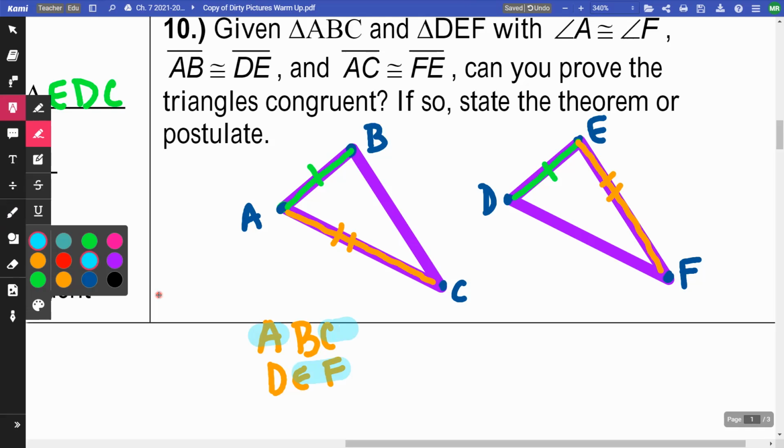We see that there's a problem here, okay? They're not in the right order. So are these triangles congruent? No, these triangles are not congruent.